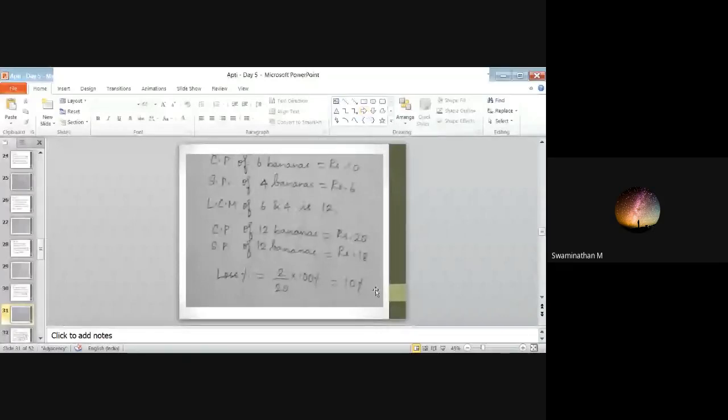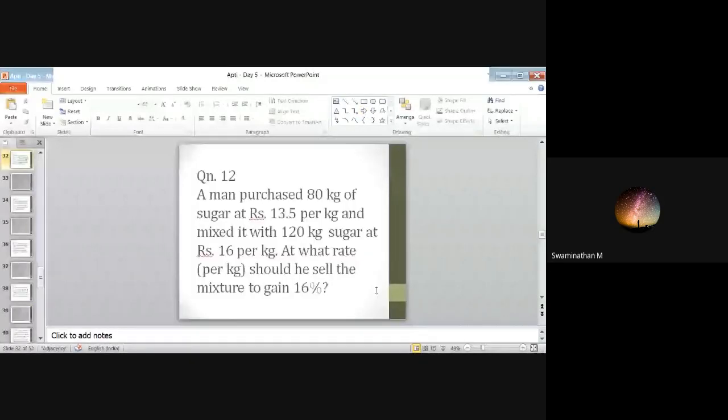A man purchased 80 kg of sugar at rupees 13.5 per kg and mixed it with 120 kg of sugar at rupees 16 per kg. At what rate must he sell for a 16% gain?